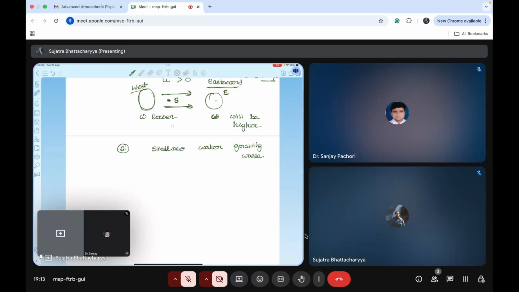That means the wave height increases because of the storm formation. Why does it happen? Because the storm's energy is being conveyed into the water waves, and the energy is transferred.